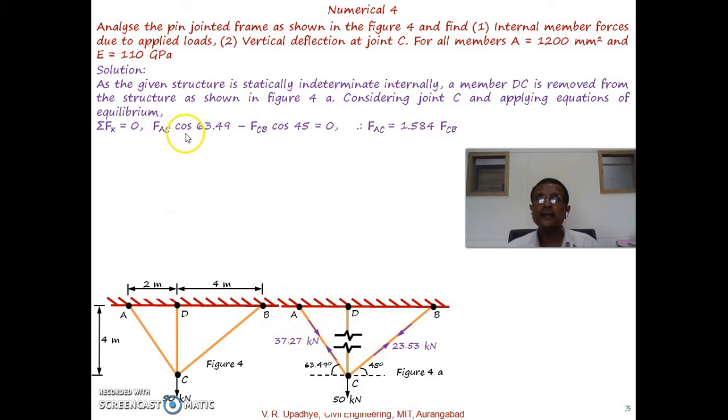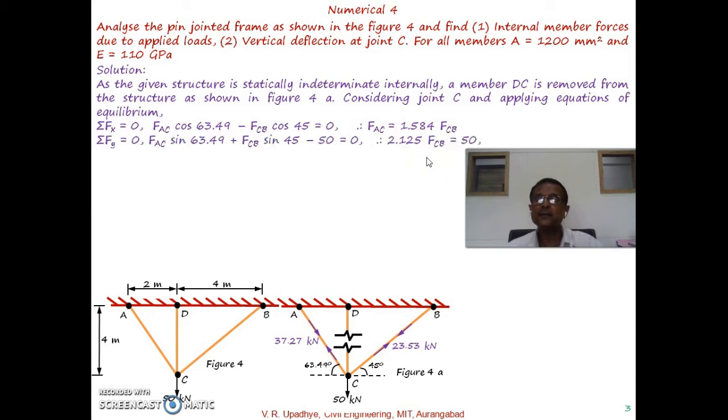So FAC cos 63.49 minus FCB cos 45, this member force, must be equal to 0. So we get the equation FAC is equal to 1.584 FCB.